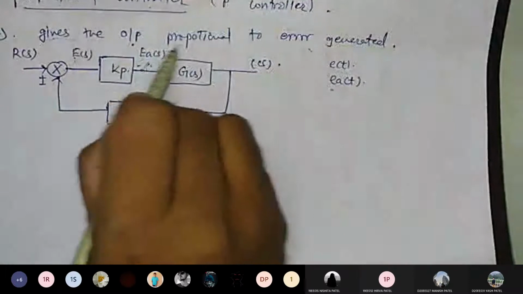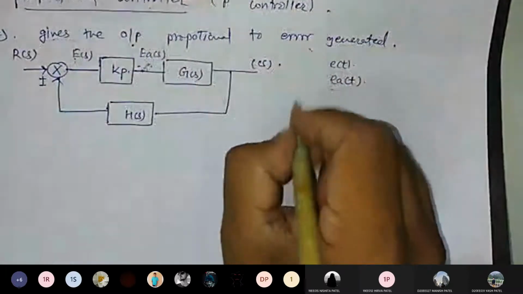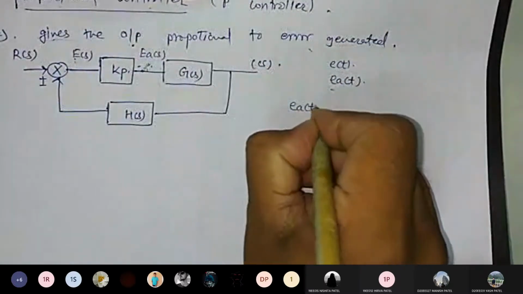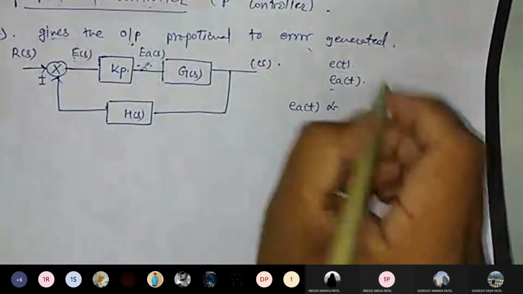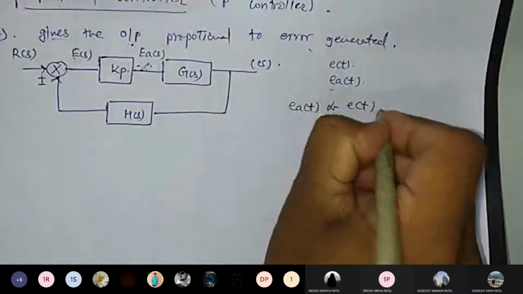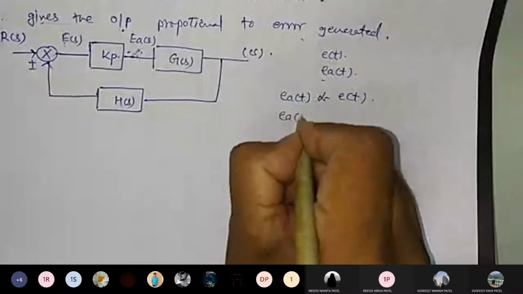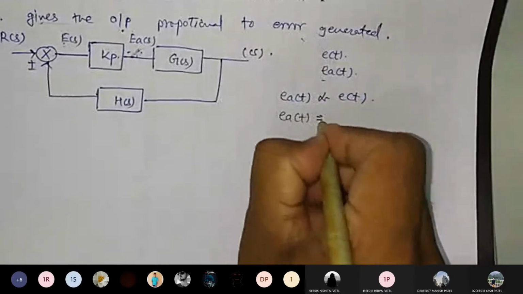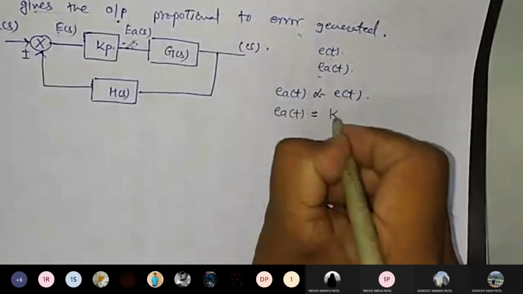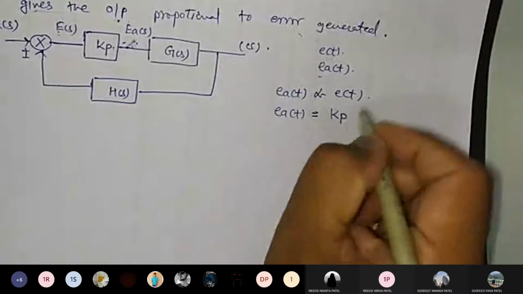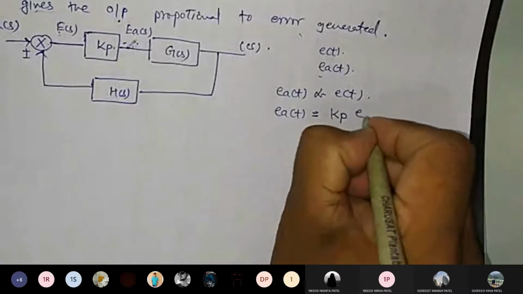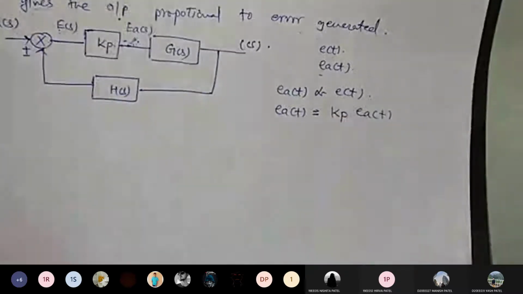According to this statement, we get the output proportional to the error generated. Can I write it like this? Ea(t), let us say, removing the proportionality constant.